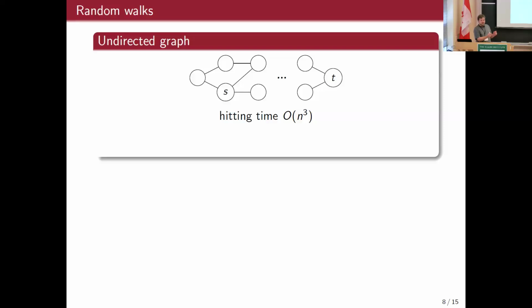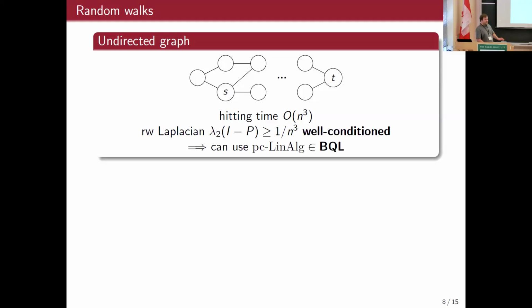That is, if S and T are connected, after n cubed steps we're expected to find T from S. And this directly corresponds also to spectral properties of the random walk Laplacian, for which we know that the spectral gap, so the smallest non-zero eigenvalue of the Laplacian, is inverse polynomially bounded.